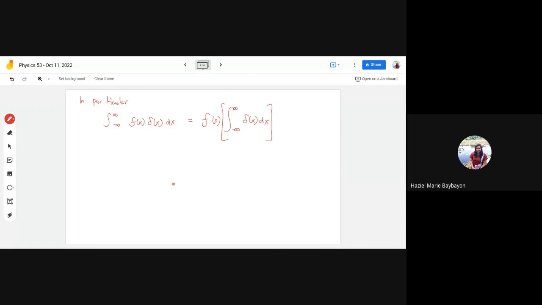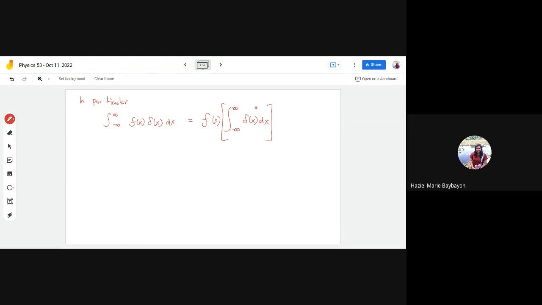Again, integrating this function multiplied by the Dirac delta function over all space will give us f of 0 multiplied by the integral of the Dirac delta function over all space.